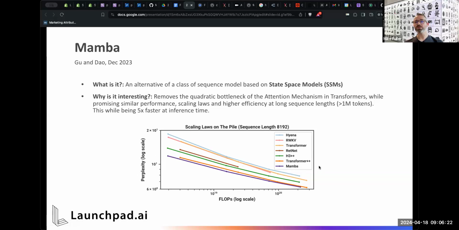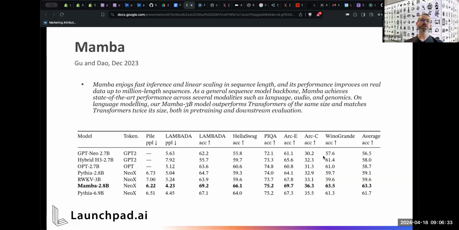You can see that it basically follows the Transformer++, which is using flash attention, so it has a very similar scaling law to that. That's obviously very good. It's improving in performance as it gets larger. How they tested this was interesting: they tested it against rather small transformers at that time.